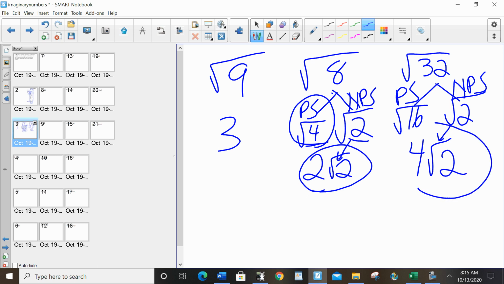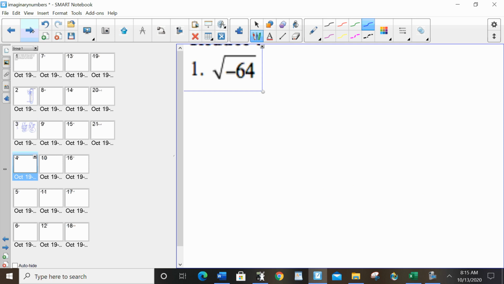So we're just going to add one new thing for Algebra 2 now, and that is taking the square root of a negative number. So what this is asking here is, what's the square root of negative 64? Well, we can't take the square root of a negative number, because a negative times a negative is a positive, and a positive number times itself is a positive.